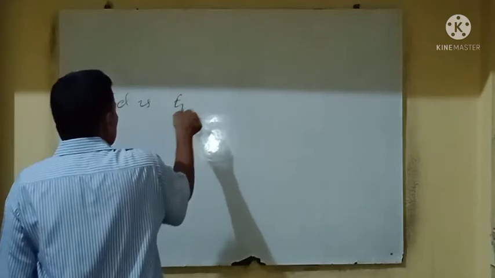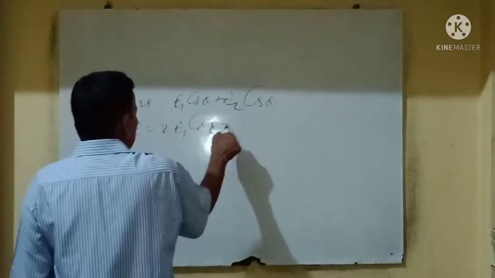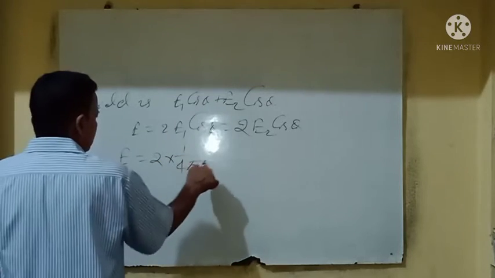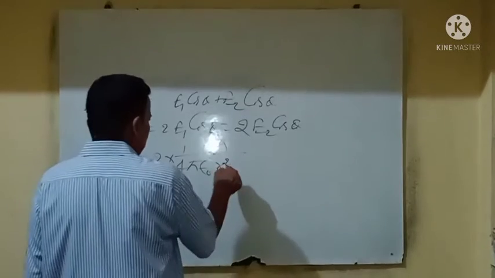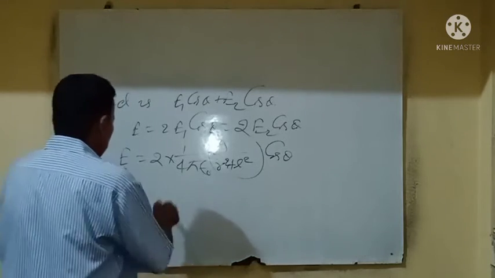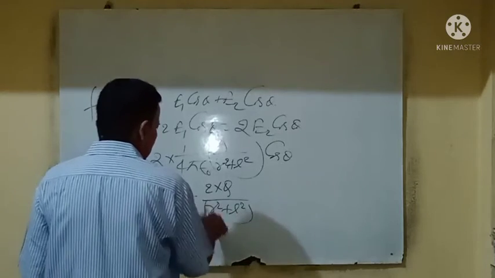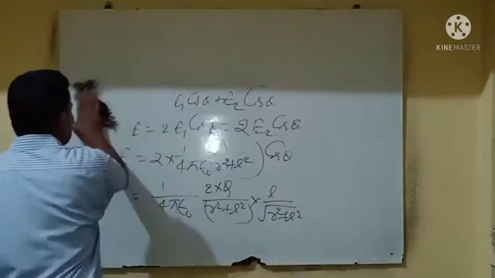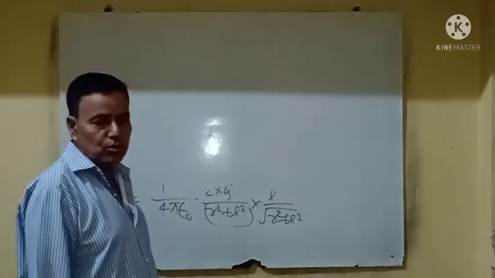is E1 cos theta plus E2 cos theta. That is equal to 2 E1 cos theta, which is 2 into 1 by 4 pi epsilon naught, q by r square plus l square, into cos theta, where cos theta is l by root over r square plus l square.